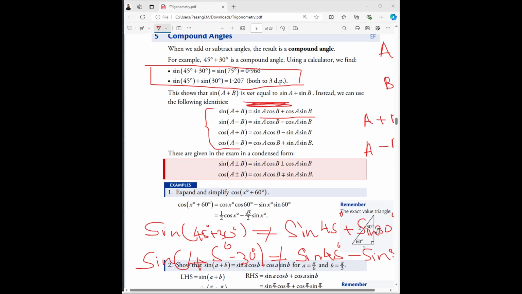If it is A plus B, that means cos A cos B, now the sign changed, minus sin A sin B. And if it's cos A minus B, that means we have cos A cos B plus sin A sin B. Those are the four compound angles we have.